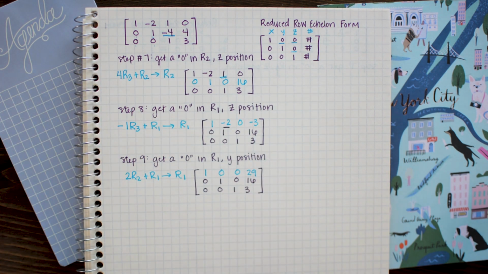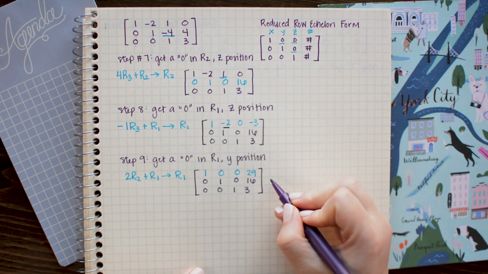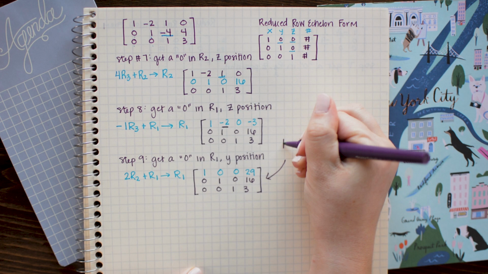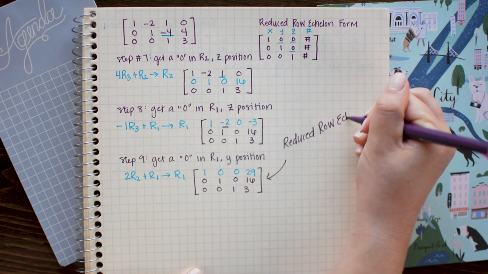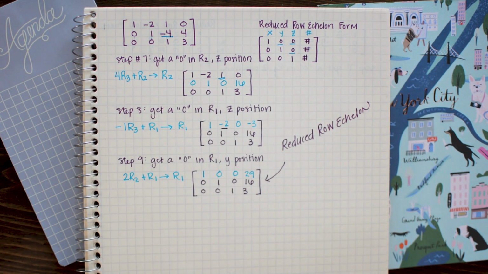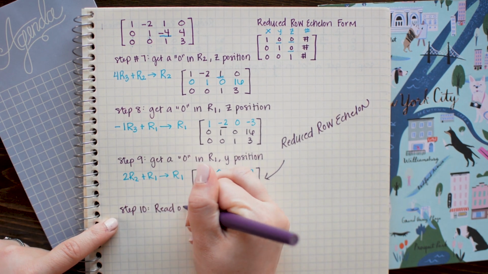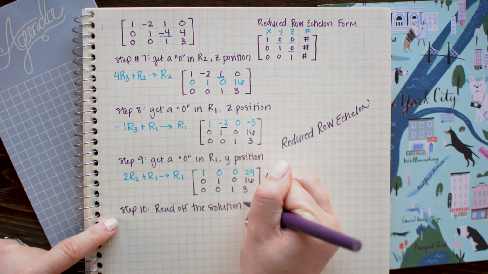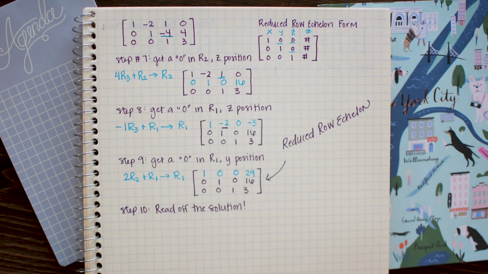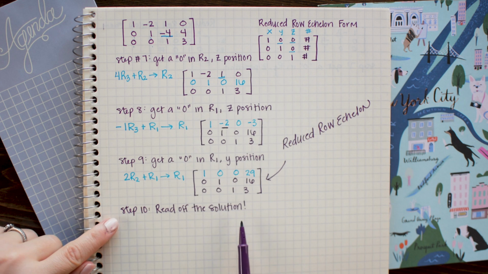All right, so we have accomplished getting our matrix into reduced row echelon form. And this will make it really easy to read off the answer. Our last step is to read off the solution.